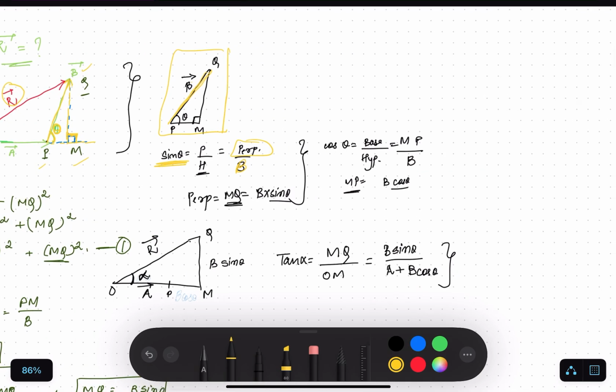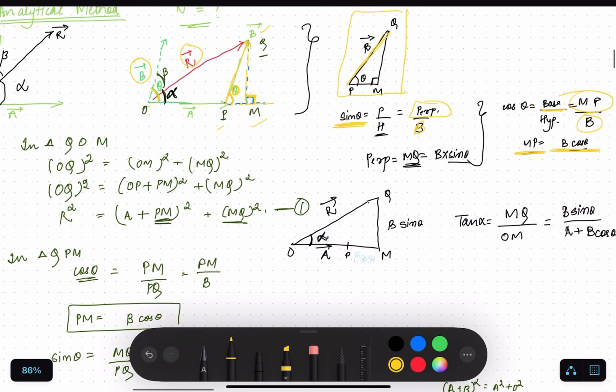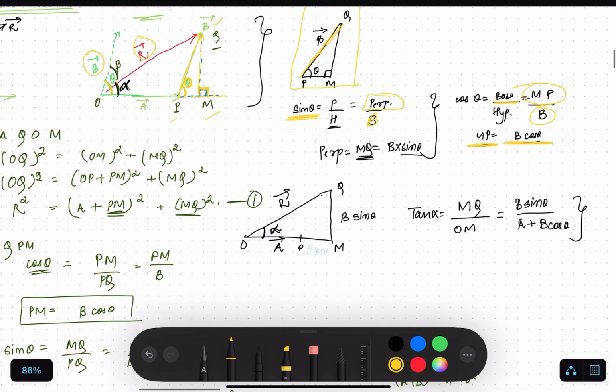Similarly, I do this for cos theta. Cos theta is base upon hypotenuse. Now my base is MP and my hypotenuse is B. So my value of MP is B cos theta. Okay, now I'll come back to another triangle, that is I would just skip this BP line. I won't draw this, and I will draw a triangle that is QOM, in which I will put the value of MQ, that is B sine theta, and this OM can be divided into OP and PM.